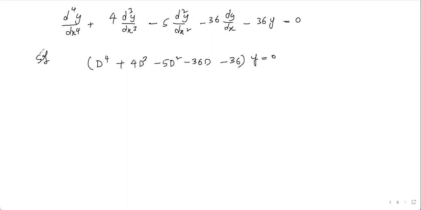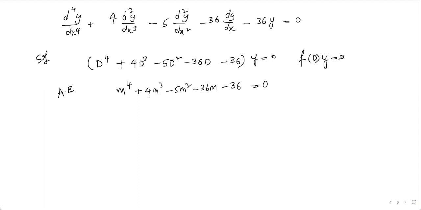And the corresponding auxiliary equation is m power 4 plus 4m cube minus 5m squared minus 36m minus 36, which is equal to 0. Now this is f of m into y is equal to 0. Now one of the roots would be m which is minus 2.